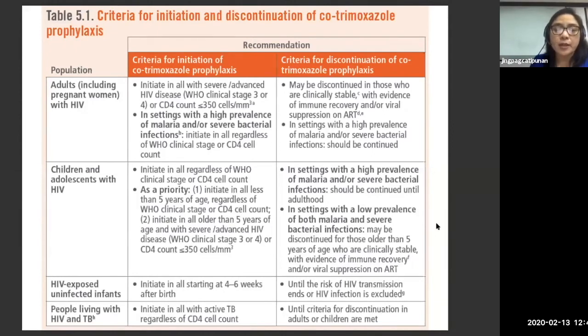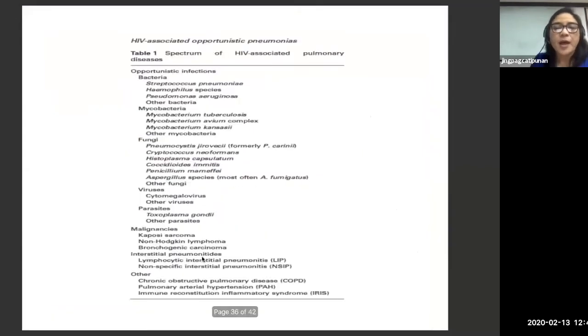So all HIV exposed and infected infants, we still initiate prophylaxis at 4 to 6 weeks after birth, and it has to continue until the HIV infection is excluded. But for children with HIV less than 5 years of age, we initiate cotrimoxazole prophylaxis.